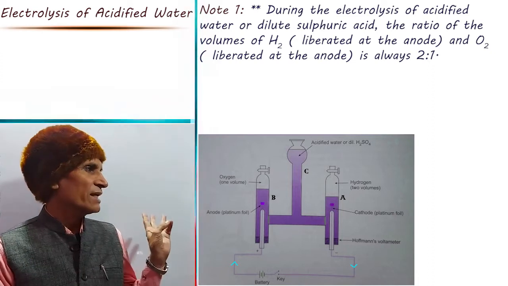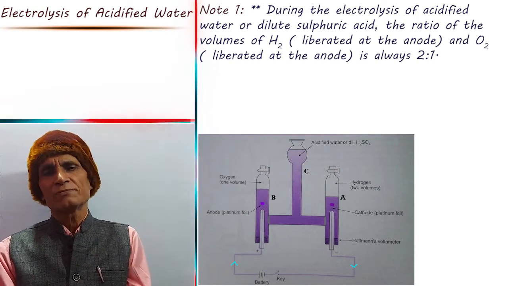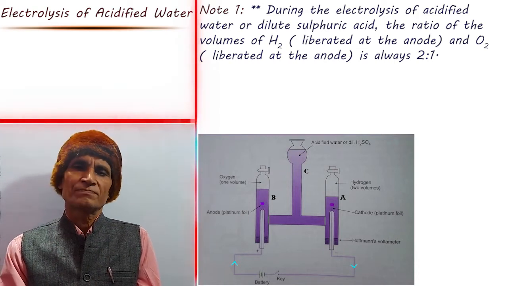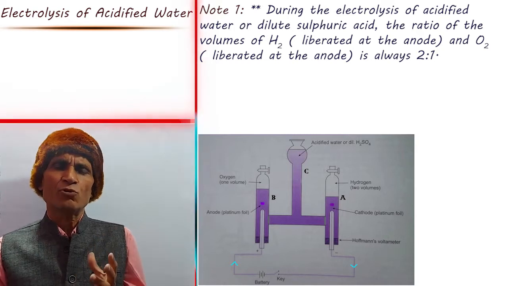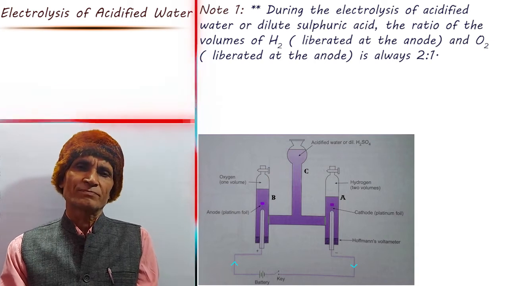These 4 hydrogen atoms combine together to form 2 molecules of hydrogen. Thus, the molecular ratio of hydrogen and oxygen is 2:1.